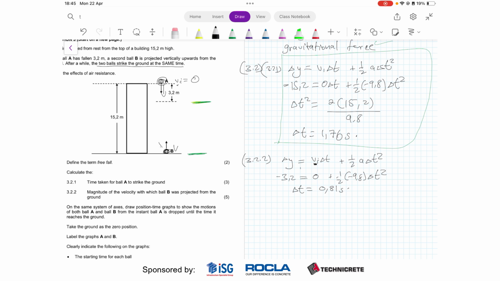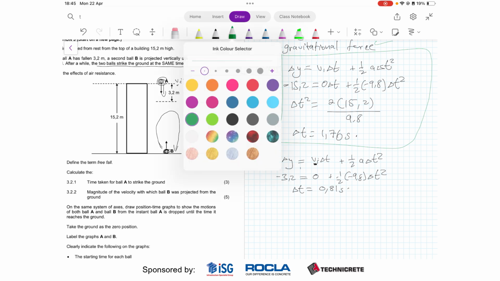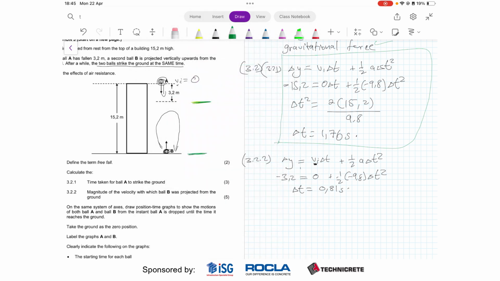The motion for ball B to go up and come back down to the ground takes the same amount of time as it takes for ball A to move from this height, which is 15.2 minus 3.2, that's 12 meters. It takes the exact amount of time for both these motions to occur.